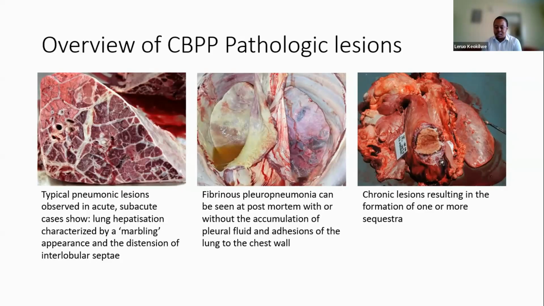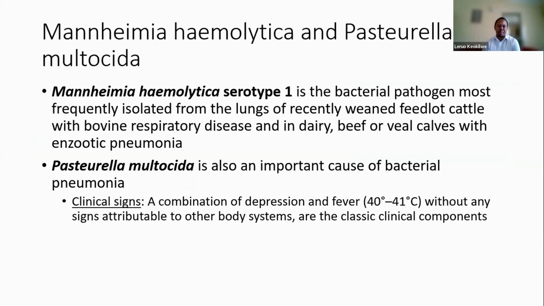And then I will proceed to look at some likely differential diagnoses that you can come across at postmortem. The first one we will look at, which has also been discussed by the previous presenters, is just to really narrow it down.